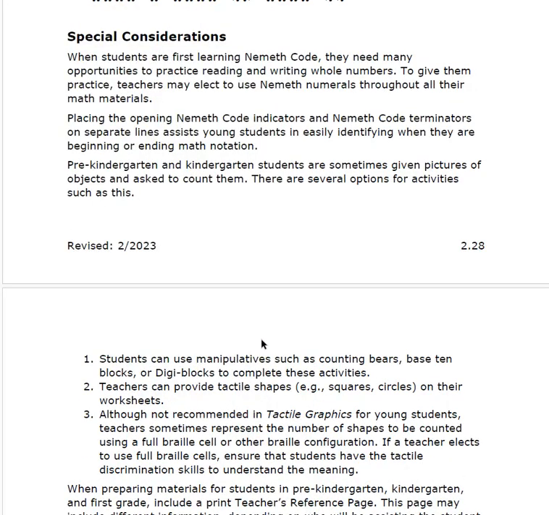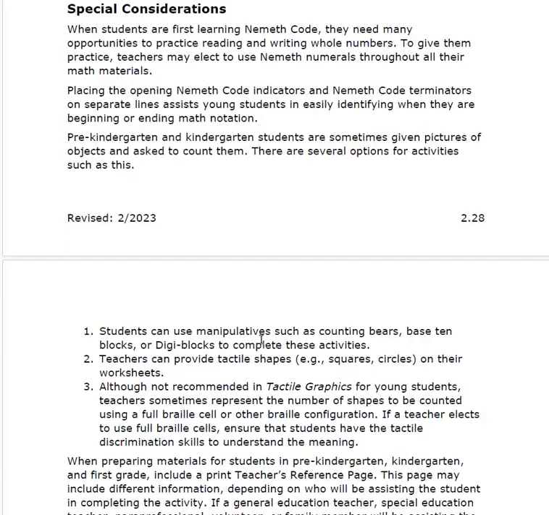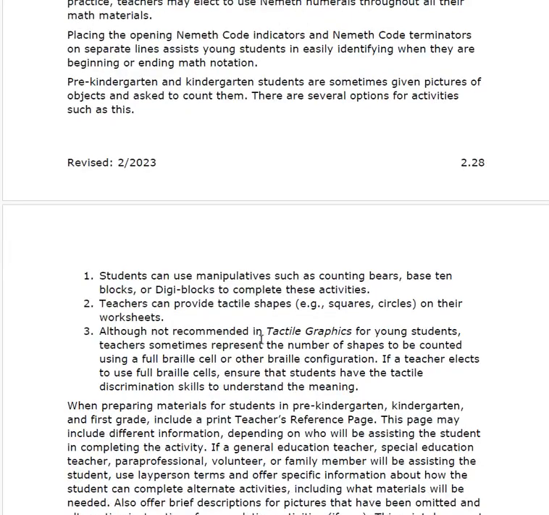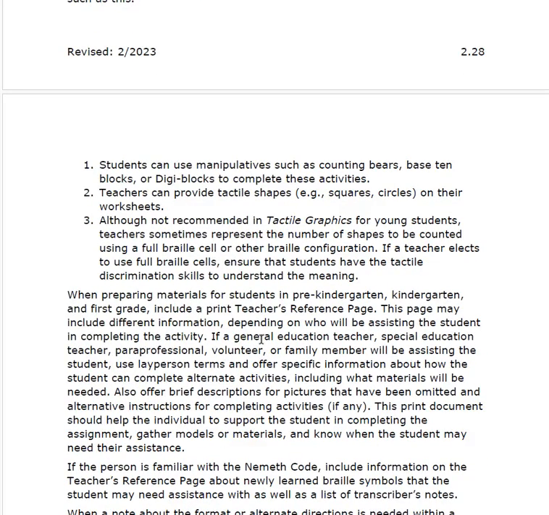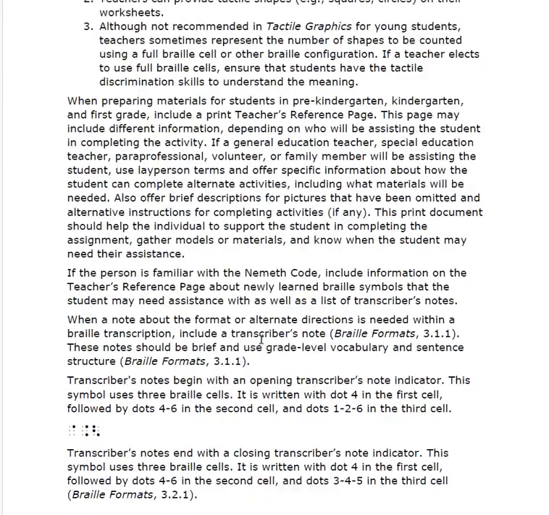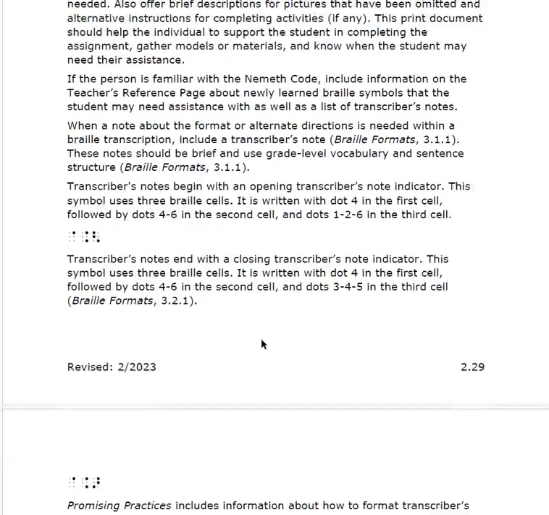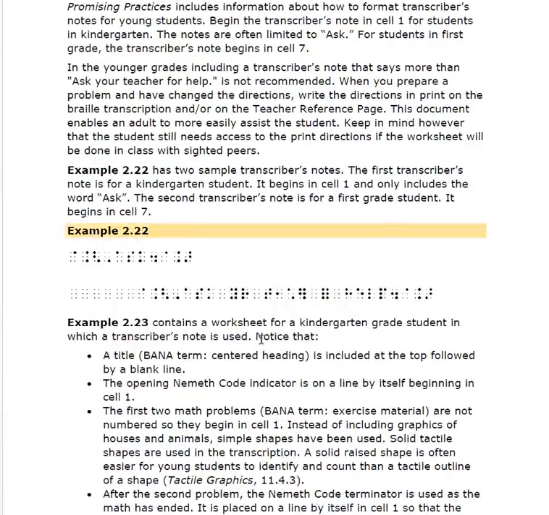It talks about if they are given pictures to count, give them manipulatives to count instead. You can provide tactile shapes. You can do a full cell to count as well. Let's see. They talk about transcribers' notes.